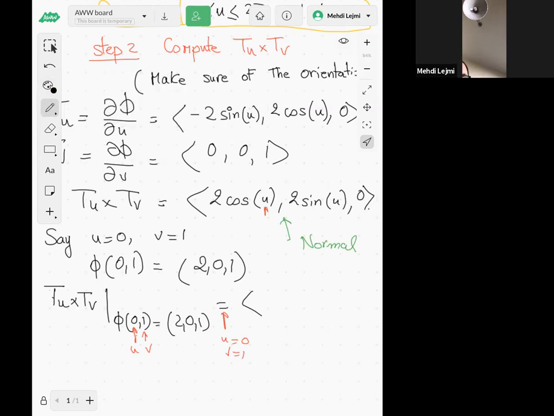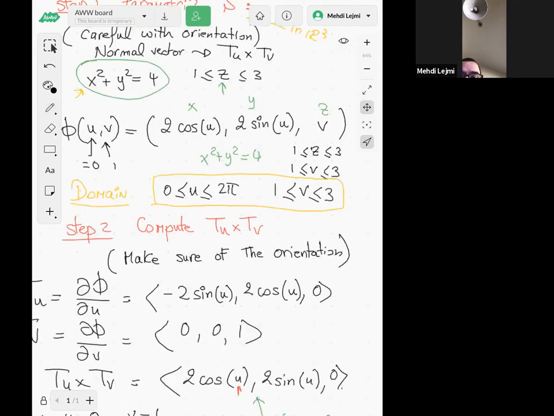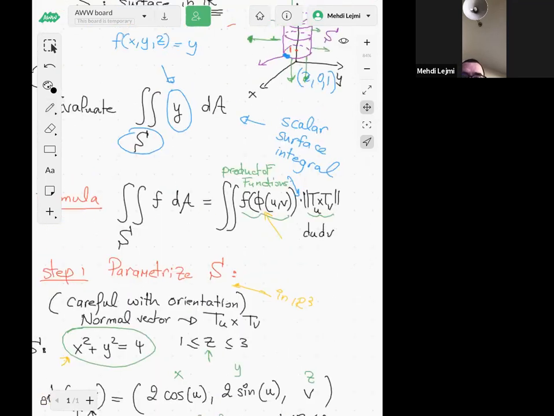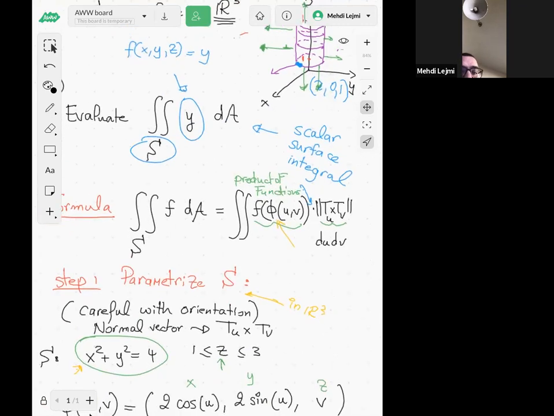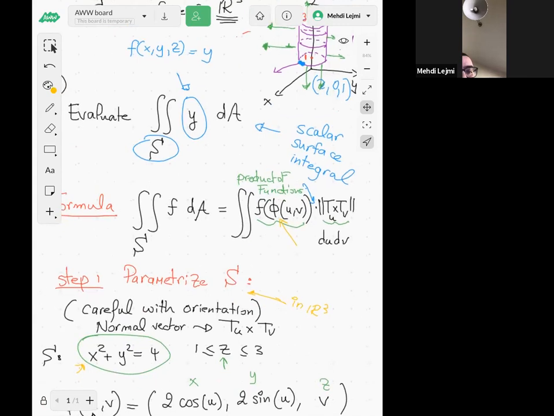So that's 2 sine of 0, 0, so that will be the vector 2, 0, 0, right? If you draw the vector 2, 0, 0 at the point 2, 0, 1, then it will be this vector here. That will be my normal vector at the point 2, 0, 1. So it's outward.